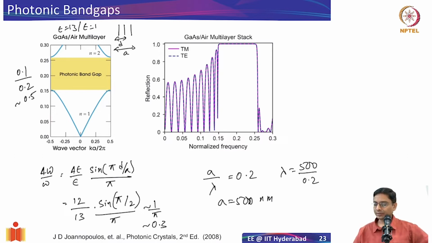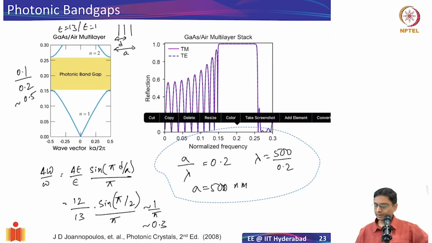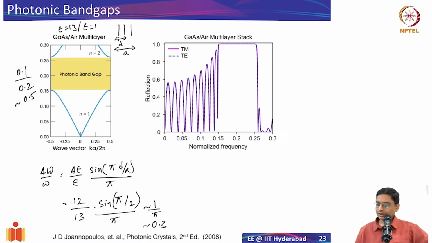You can even see the trend here that we previously discussed. Let me rewrite this so that it is slightly easier. Let's consider a by lambda equal to 0.2, that is the mid gap. So how do the normalized frequency and wavelengths help us?